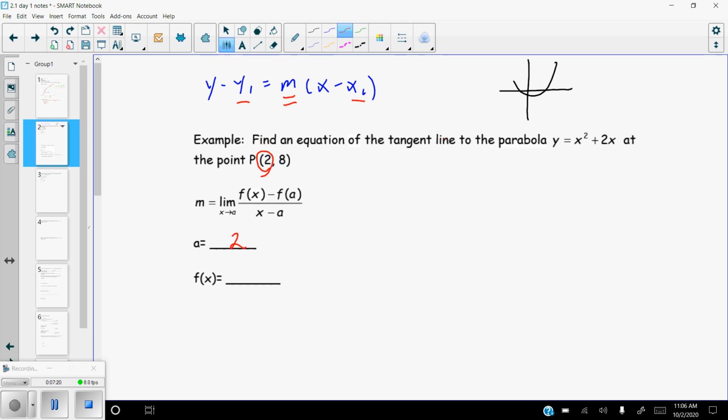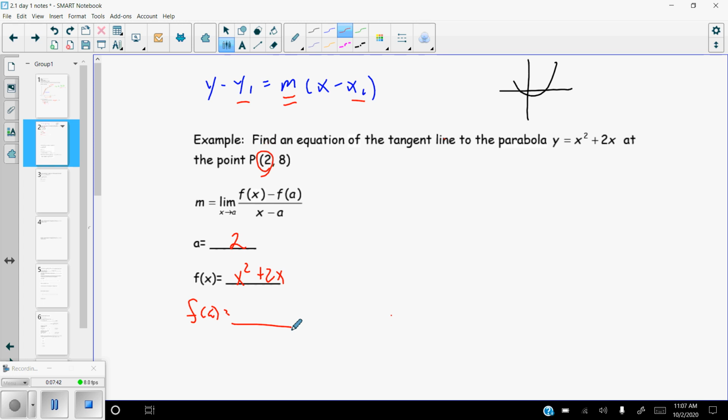a is 2. f of x, well, that's easy. That's the given function, so that's just x squared plus 2x. Probably should have put a third thing on here, f of a, so we'll add that in there. f of a is going to be the function evaluated at our x value.